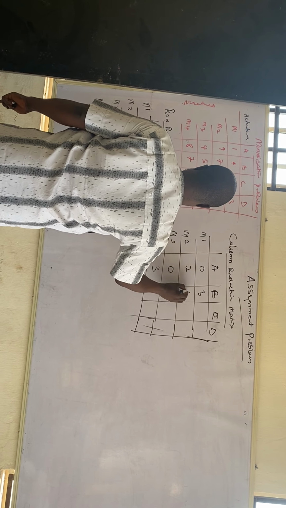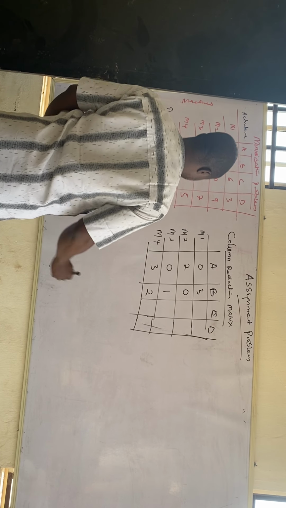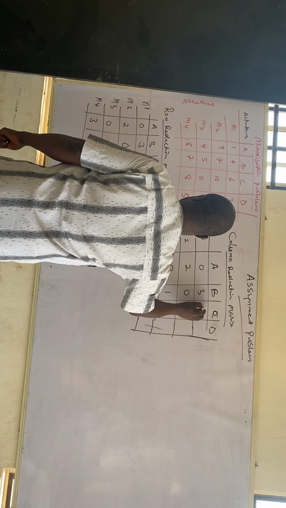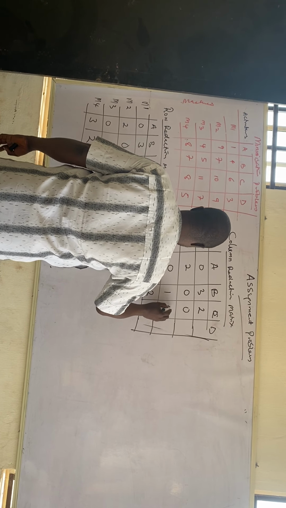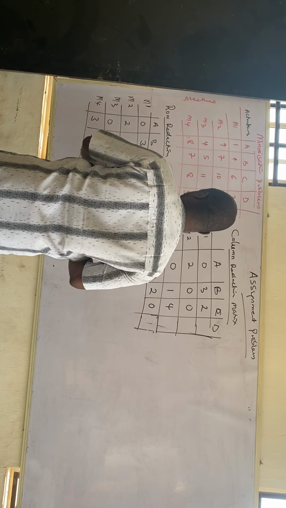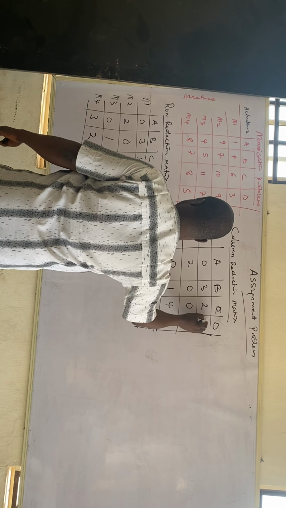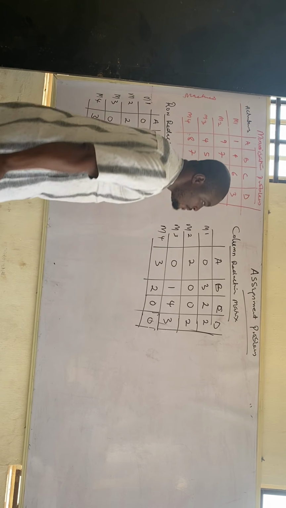You see, you have 3, 0, 1, and 2. The next one, you have 3 as the least. So you have 5 minus 3, 2. 3 minus 3, 0. 7 minus 3, 4. 3 minus 3, 0. The next one, the least is 0, so it will remain constant: 2, 2, 3, and 0.